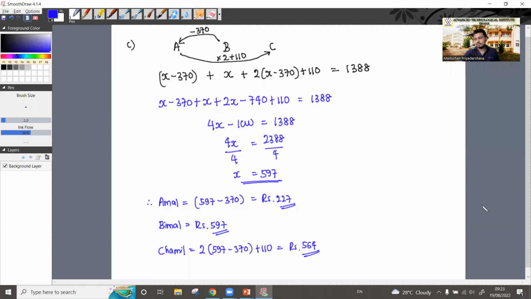Okay. So this should be the answer for part C. Are you okay with this one, others? Vishmi? Yes, sir. Right.